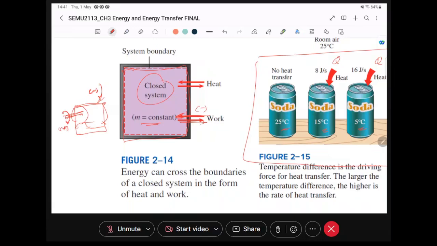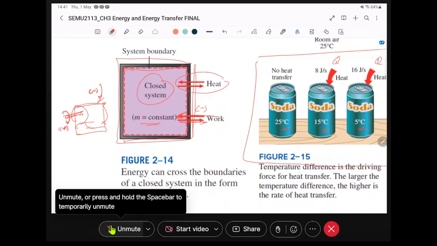So it's really whether the system is consuming or doing. If you imagine this as yourself, what you eat is, we call it negative, basically. Sorry, no. What you eat is a heat, actually. I shouldn't use that example.